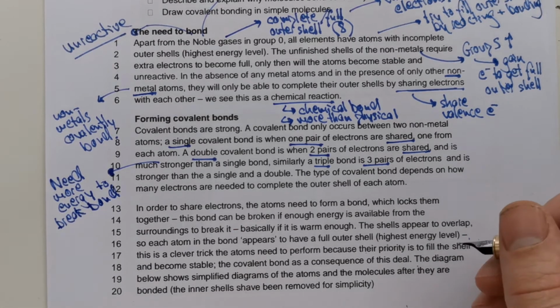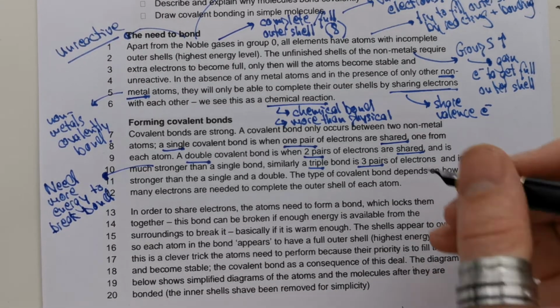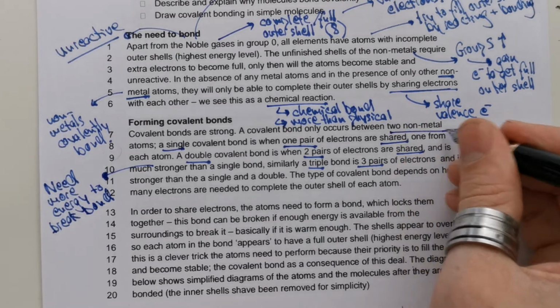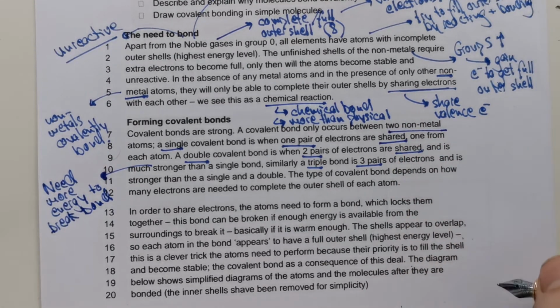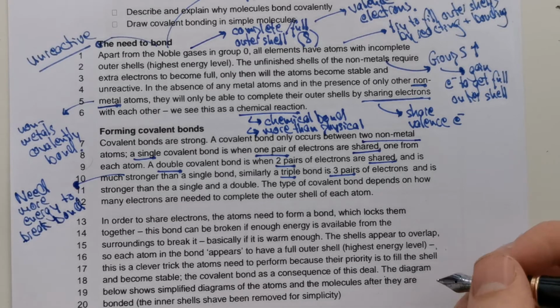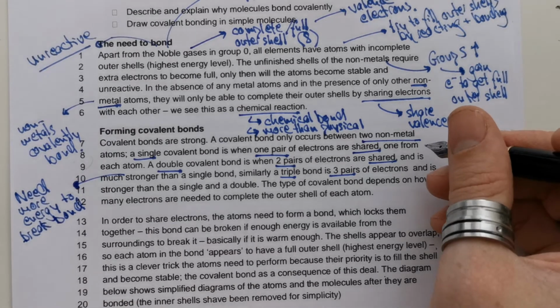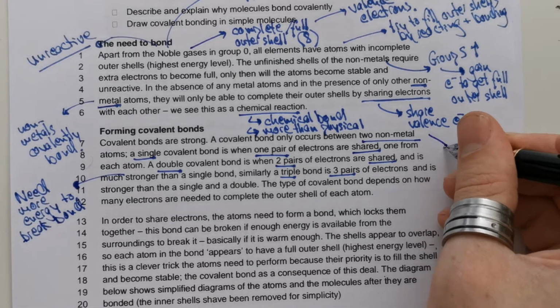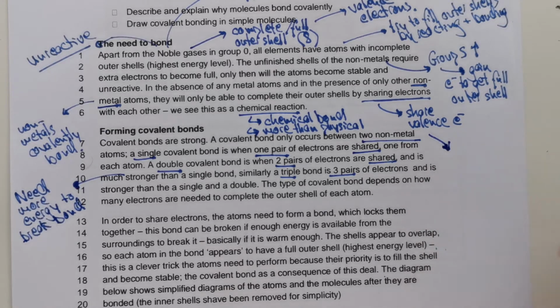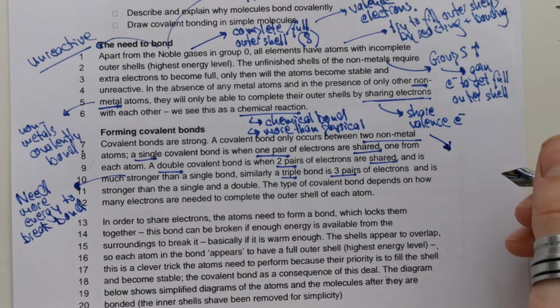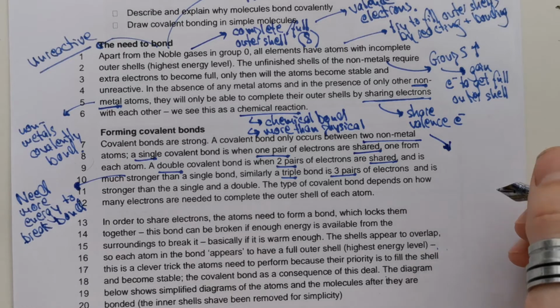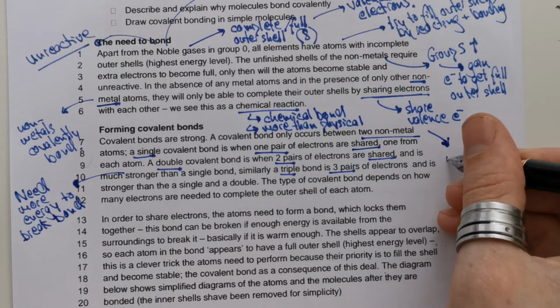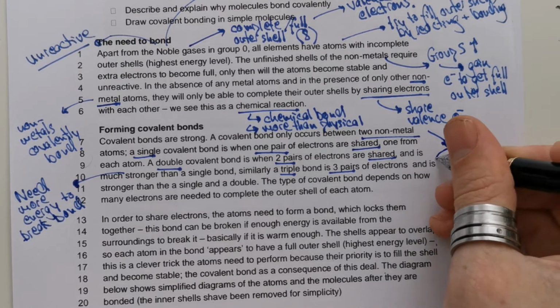Now, coming back to that point from a couple of minutes ago, a covalent bond only occurs between two non-metal atoms. So if you think about it on a very simple level, one of the simplest non-metal atoms that we know about is hydrogen, which on the periodic table you'll see has got atomic number of 1. Now what that's telling you is it's got one electron in its outer shell.